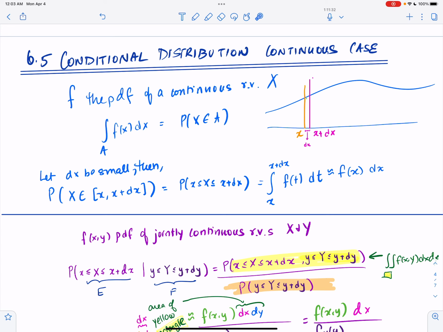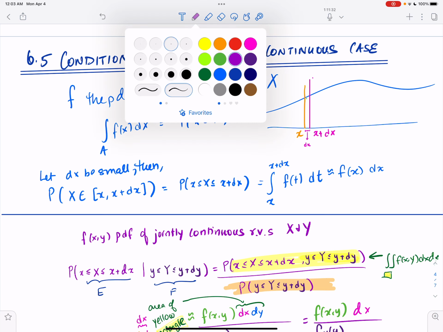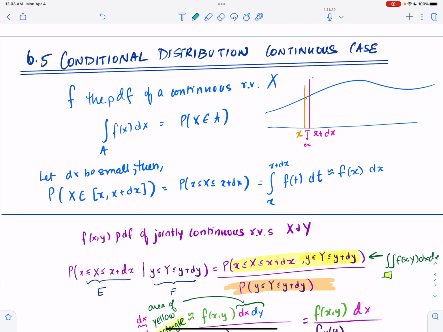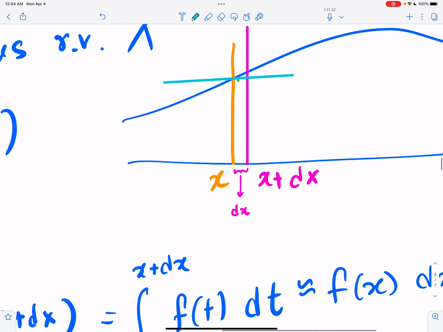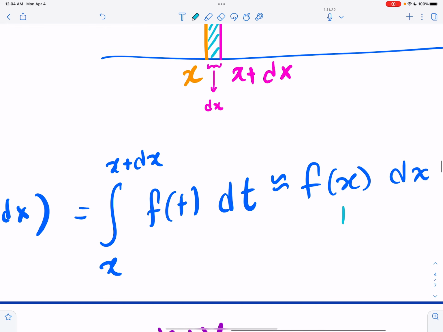This area is approximately just the area of the rectangle that you can look at with height f of x and width dx. So that's what this is.